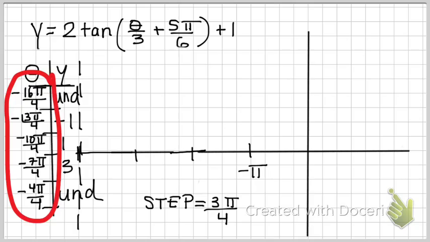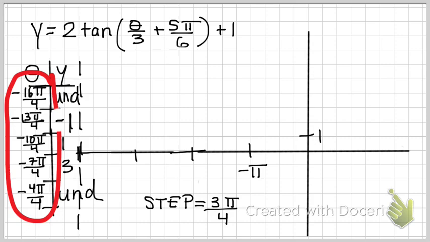I haven't done a vertical scale yet. I think I can just go 1 like that. If you notice what I did right there, I said a scale of 1. So negative 13 pi over 4, and it's a little hard to see here because I got this red circle here, but this was negative 1.